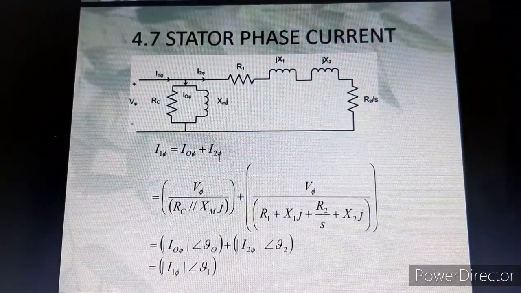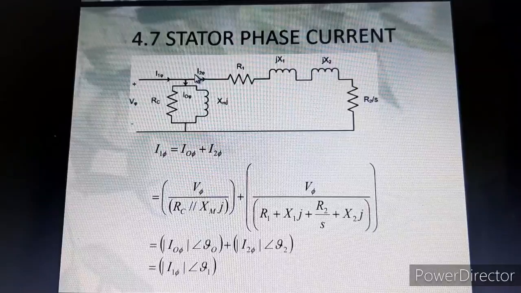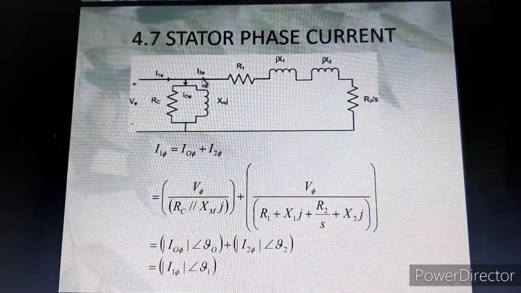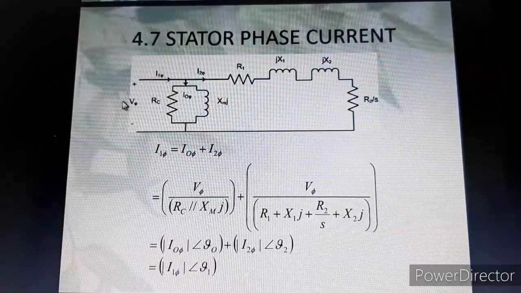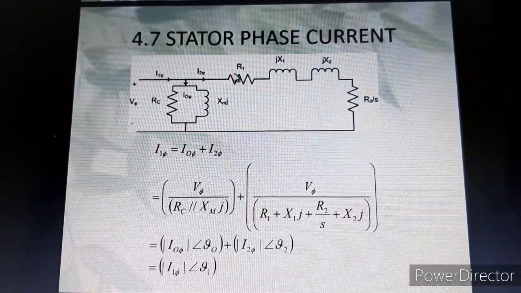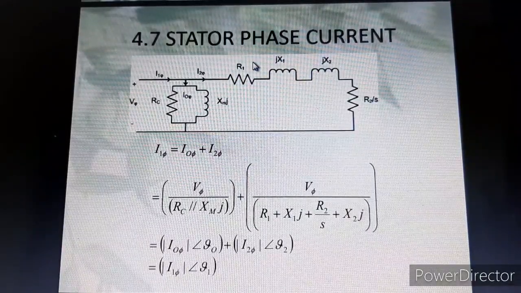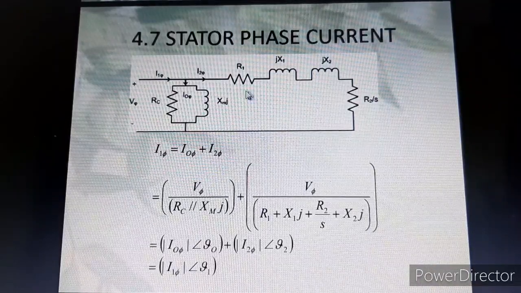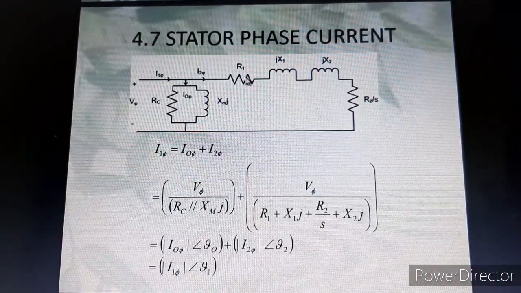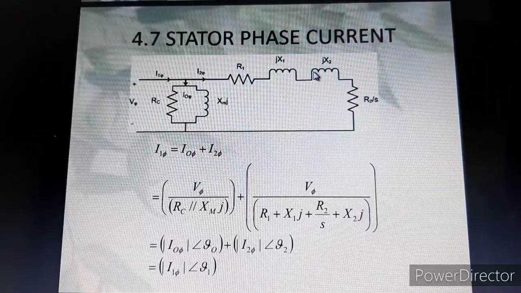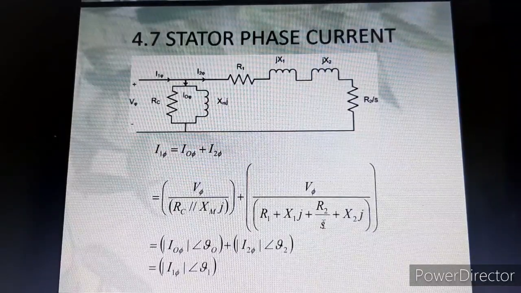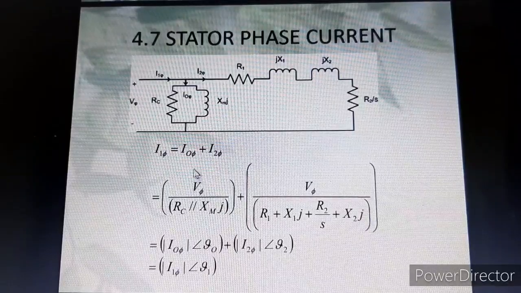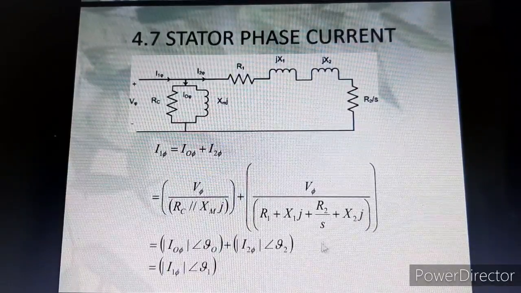On the other hand, I2 phase equals the voltage between this point and ground, which is also V phase, over the summation of all four impedances: R1 plus X1J plus X2J plus R2 over S. So this is your I0 phase and this is your I2 phase.